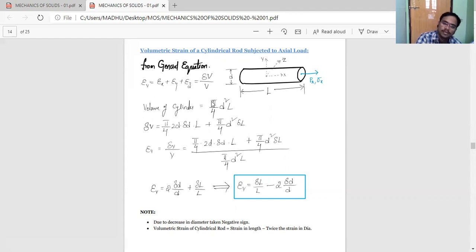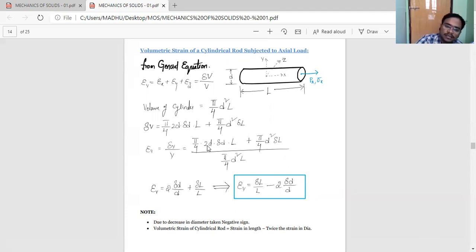Now the volume of the cylinder is pi by 4 d square L. Differentiating, del V is equal to 2 times pi by 4 into d into del d into L, plus, as length is also a variable, pi by 4 d square into del L. We get epsilon v, that is del V by V, so you just divide by the volume, pi by 4 d square L. So pi by 4 gets cancelled.